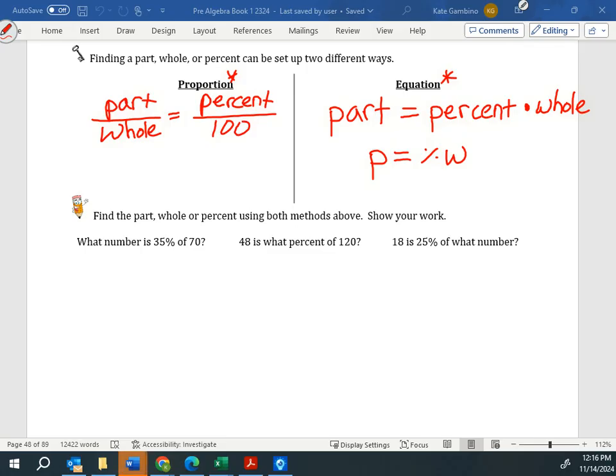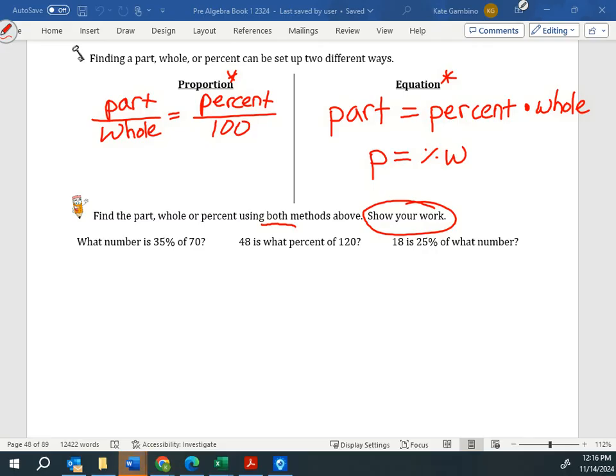So we're going to see how to use these. We're going to find the part, whole, or percent using both methods, because we need to understand both methods in order to decide which one we want to use. So we will use both methods, and shocker, show your work.